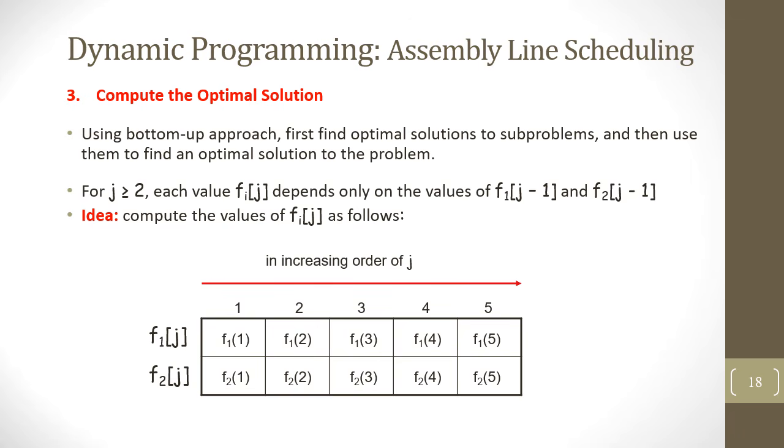Here, to compute the fastest time to station 2 on line 1, we only need the values of F1 of 1 and F2 of 1. Similarly, to find the value of F1 of 5, we have already computed the values of F1 of 4 and F2 of 4. So to compute this value, we only need these two numbers. We do not need to go back again because all these values have been computed and stored.